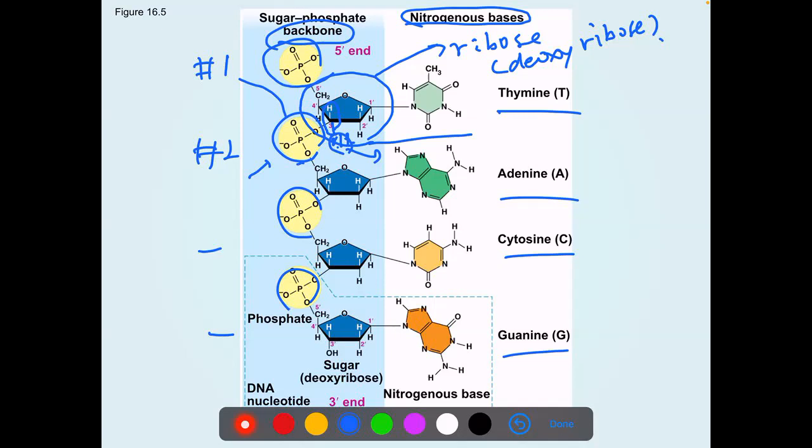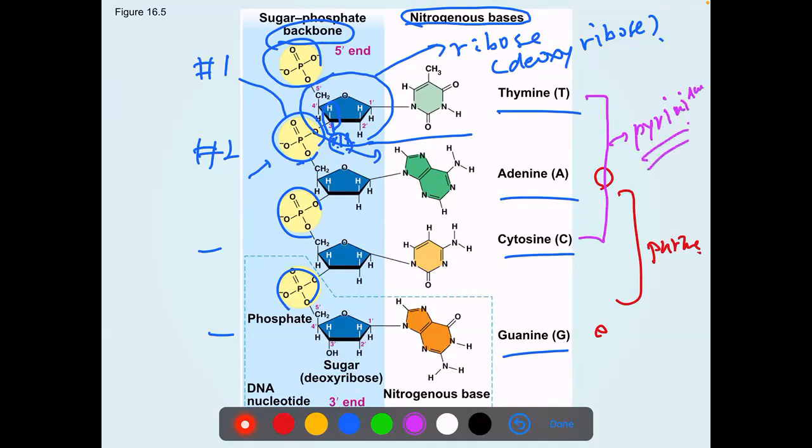This is what makes the difference between the nucleotides. One more thing: these two are the purines, and these two are pyrimidines.